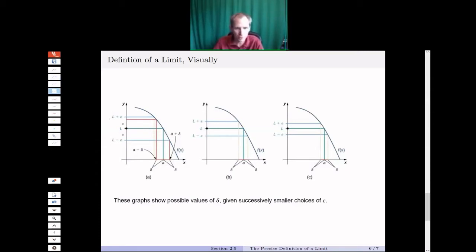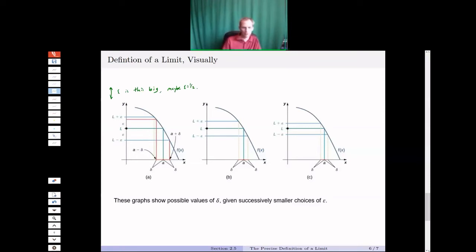Think of this first one as having picked a number epsilon. In this first one, epsilon is this big. So we picked a number epsilon, maybe it was like 1/2. And maybe you say, okay, if you're within 1/2 of L, that's close enough, right?